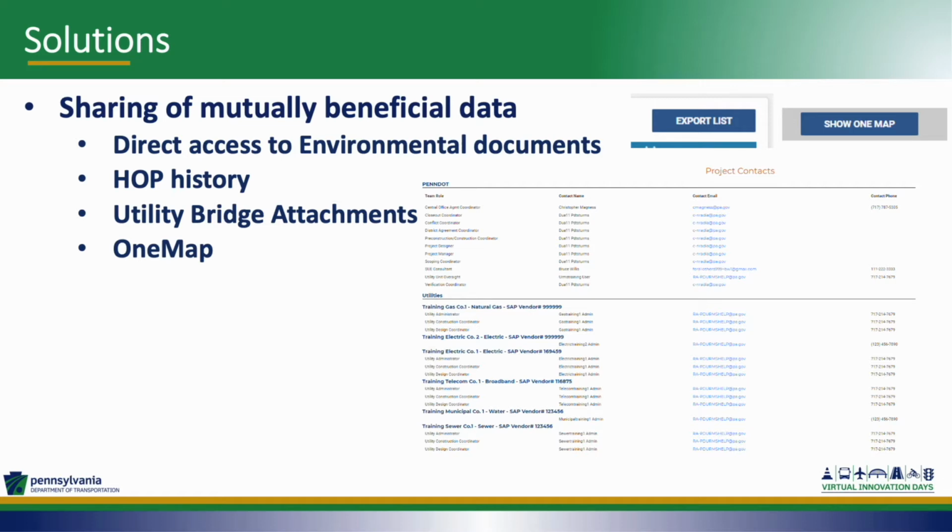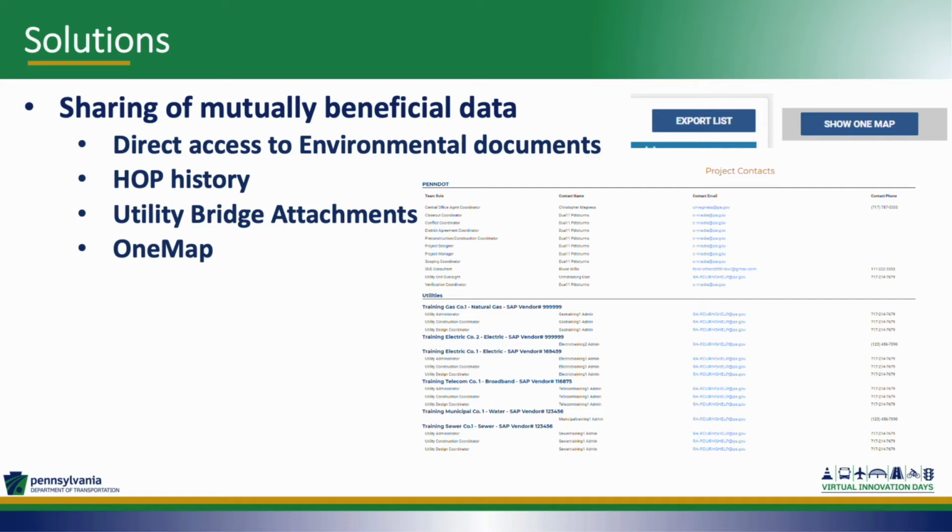direct access to our environmental documents, direct access to a given company's HOP history. So if I'm a gas company, I can see my HOP, highway occupancy permit history, directly within the application. I can see what bridge attachments I have. Our one map provides a whole lot of information that's useful to different permitting agencies and utilities trying to seek those permits.